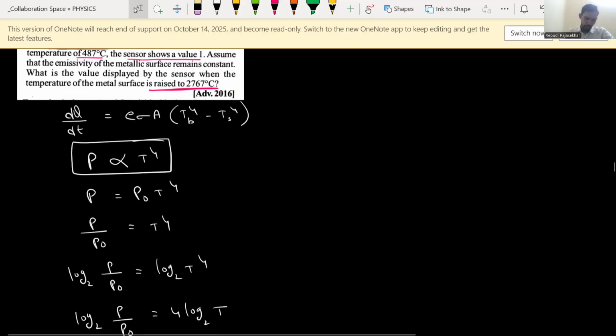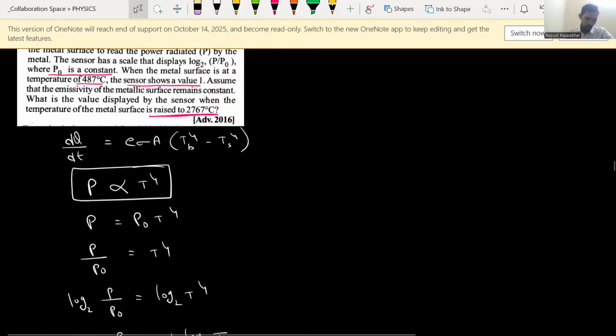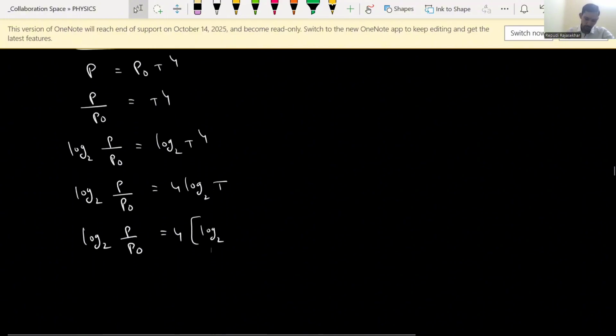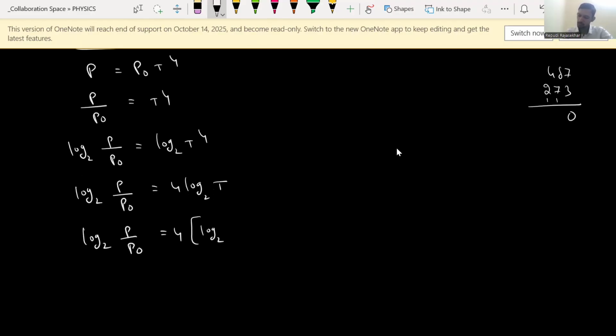So here, what is the initial temperature given? 487 degrees. Convert 487 degrees into Kelvin: 487 plus 273, so this is 760 Kelvin. So what we can write is 4 log base 2 of 760.